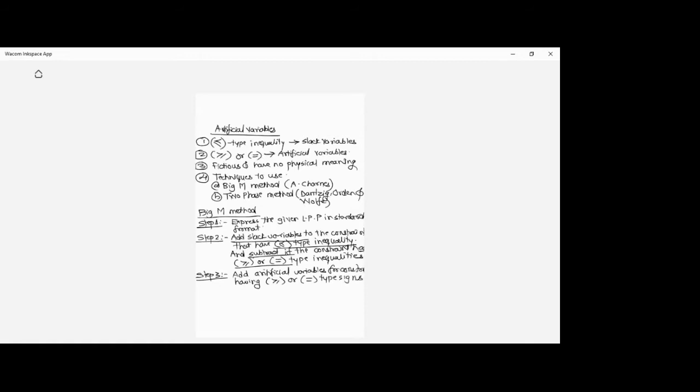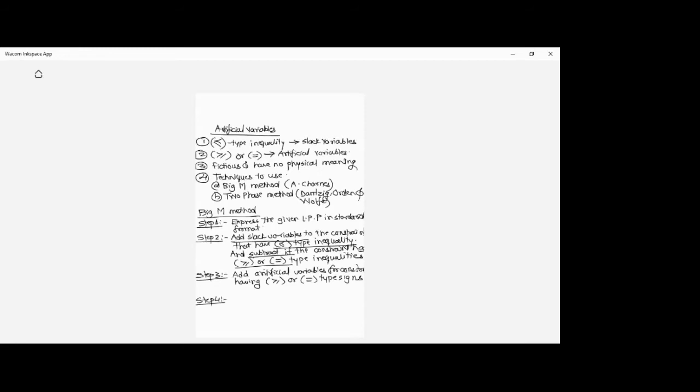So if a constraint has that type of inequality, greater than or equal to, we are going to add the artificial variables. Now this was regarding your constraints.